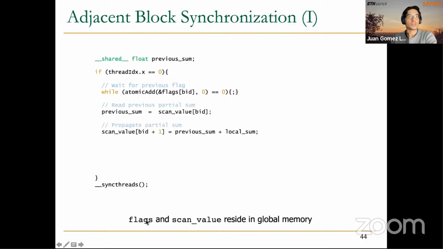As I said, this flag resides in global memory, same as this scan value array that we will access as soon as thread 0 leaves this while loop. It leaves this while loop because this flag at BID is no longer equal to 0. Now it is equal to 1, whatever.